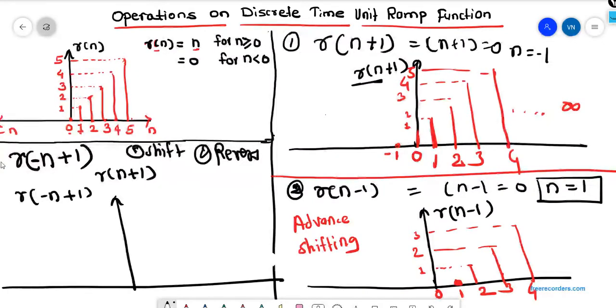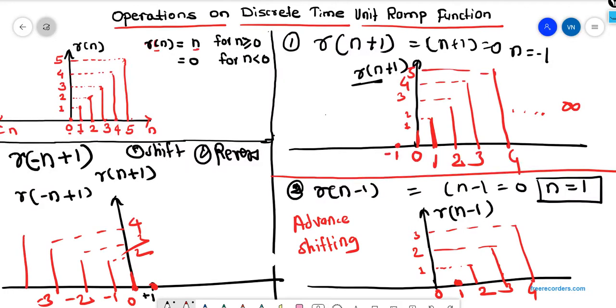How can we write it? First you have to shift and then reverse. First you write r of n plus 1, which we have already taken. Then we just write r of minus n plus 1. Whatever the signal was starting from minus 1, now that will change to plus 1 having 0, 0 having 1, minus 1 having 2, minus 2 having 3, minus 3 having 4, minus 4 having 5. Whatever the signal r of n plus 1 is, we just have to reverse it.